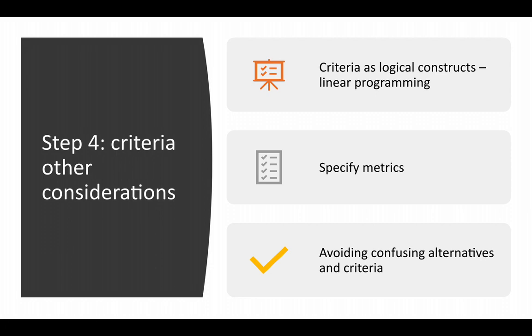If that's possible, then specify the metrics. And you really need to force yourself to focus on those specific criteria, because that's going to help you avoid those confusing alternatives and criteria. Anyway, if these are confusing and not that clear, it won't help you to solve your problems.